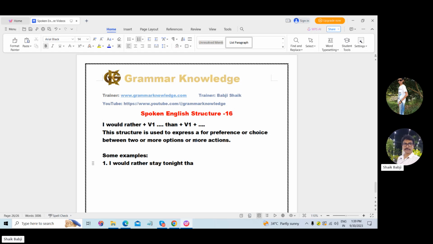Means I would give preference to stay than go out. Means I am giving preference to stay tonight. I don't want to go out. So what are you giving preference to, to stay or to go out? You are giving preference to stay. That's why I would rather stay tonight than go out.